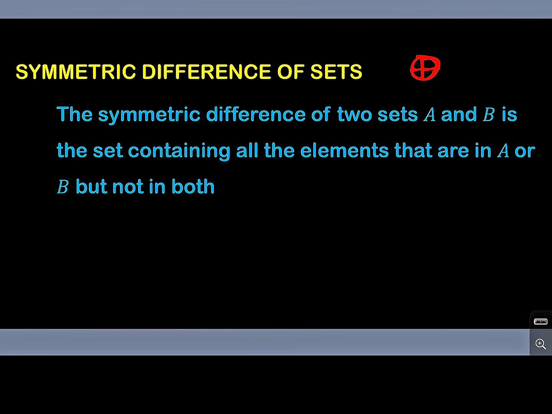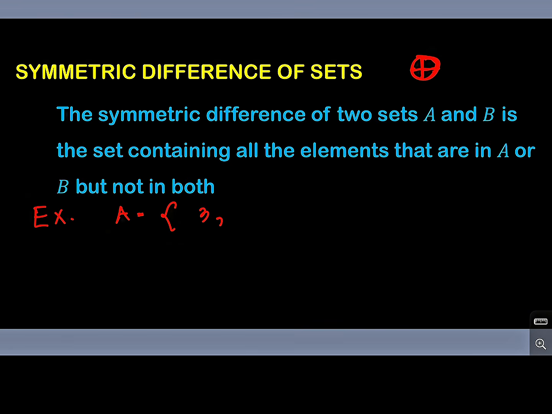You have to remove the common elements, but you will write the unique elements coming from first set and second set. So for symmetric difference of set, we have a notation which is a circle with a plus in the middle. So let's move on to the example.